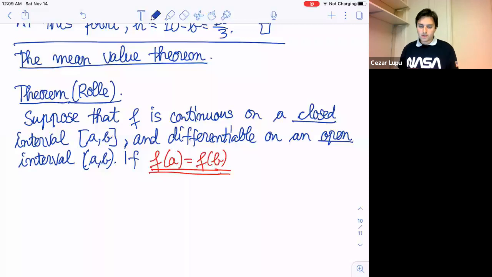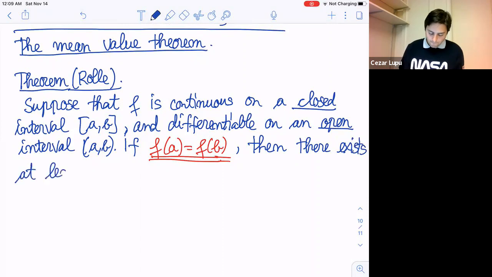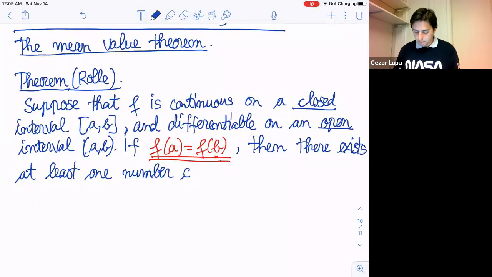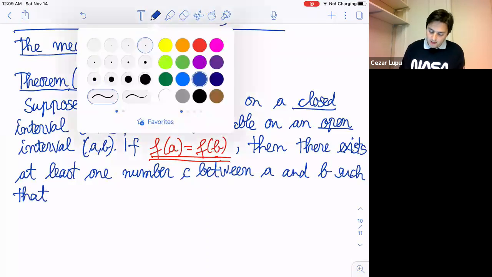So if f of a is the same as f of b, then there exists at least one number, let's say c, and this c is between a and b, such that f prime of c is 0.